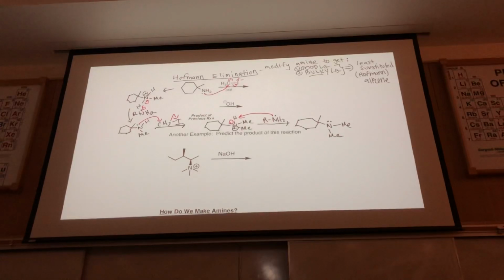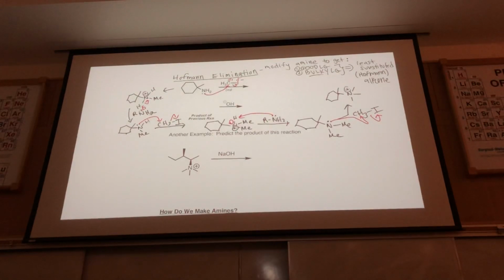At last, we have no more hydrogens left. We have just a lone pair. It'll do its final alkylation. Okay, so I'm not going to draw the Me's anymore.